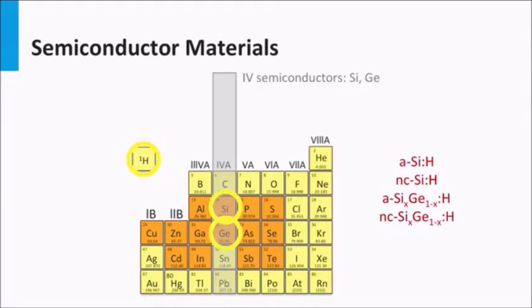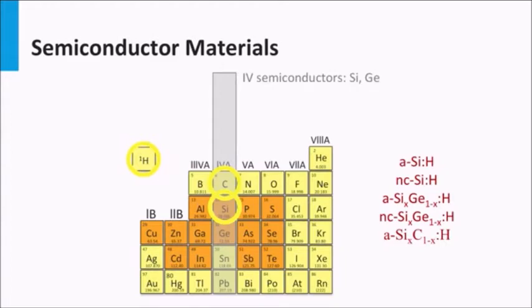The second alloy is silicon mixed with the next element in the periodic table with 4 valence electrons, germanium. Both hydrogenated amorphous and nanocrystalline silicon germanium alloys are being used in thin film silicon solar cells.